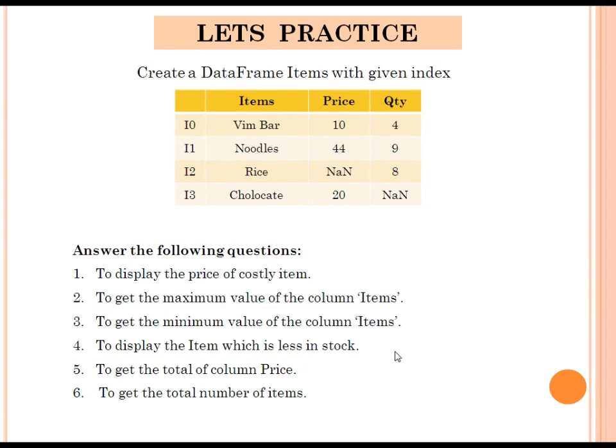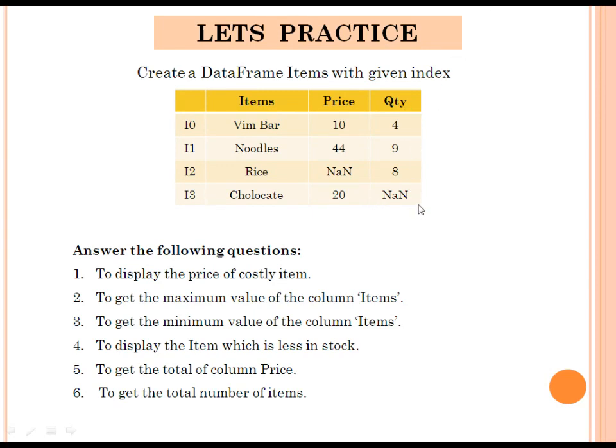And my very important part after doing all the functions of aggregate method, aggregation, we have to do the practice question. So the first one is you have to create the data frame with the given data, and after that you have to do all these 6 questions to display the price of costly item, to get the maximum value of the column item, to get the minimum value, to display the item which is less in stock.